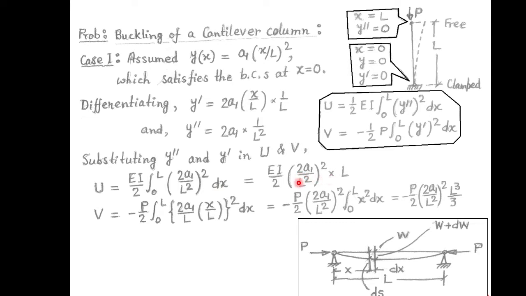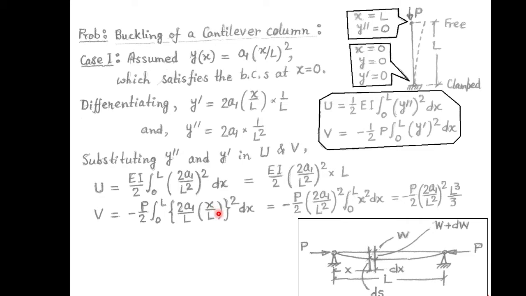And for v, this is our term, so we substitute for y prime and we get this. Then this part is constant and the integral of x square is x cube by 3.